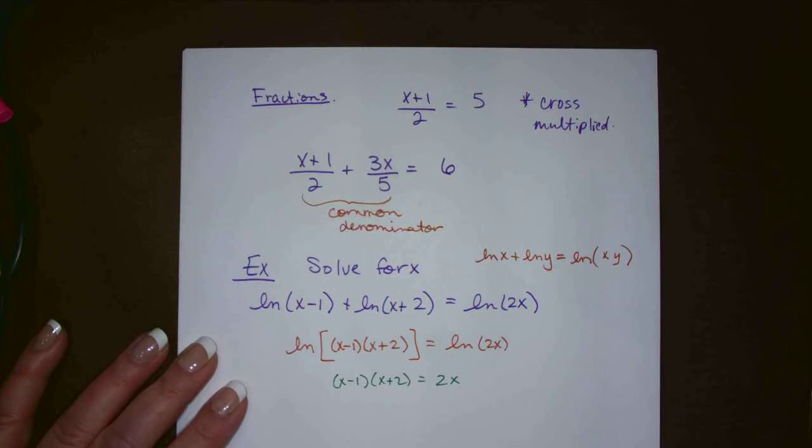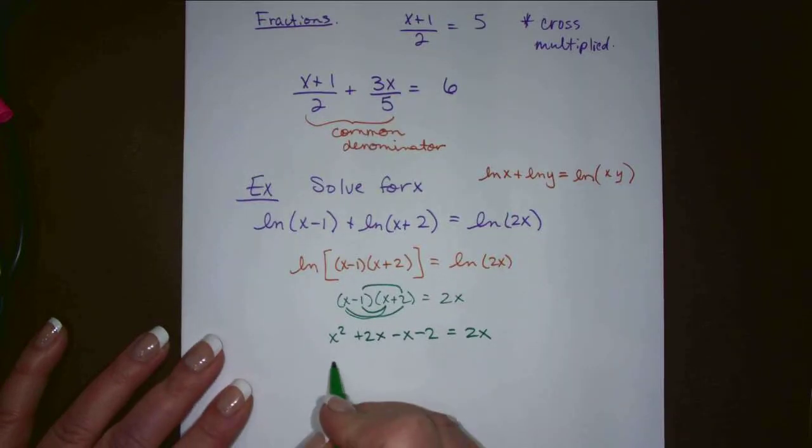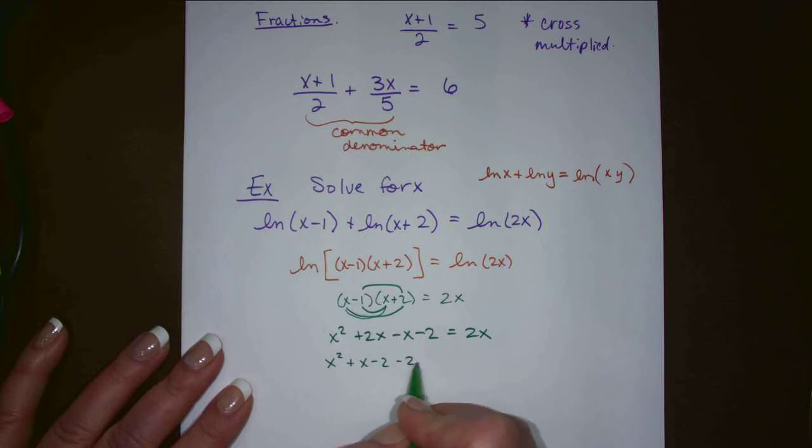How do we solve this? Expand it, right? Use FOIL, multiply this out. Don't forget the 2x on the other side. Then what? Move the 2x over.